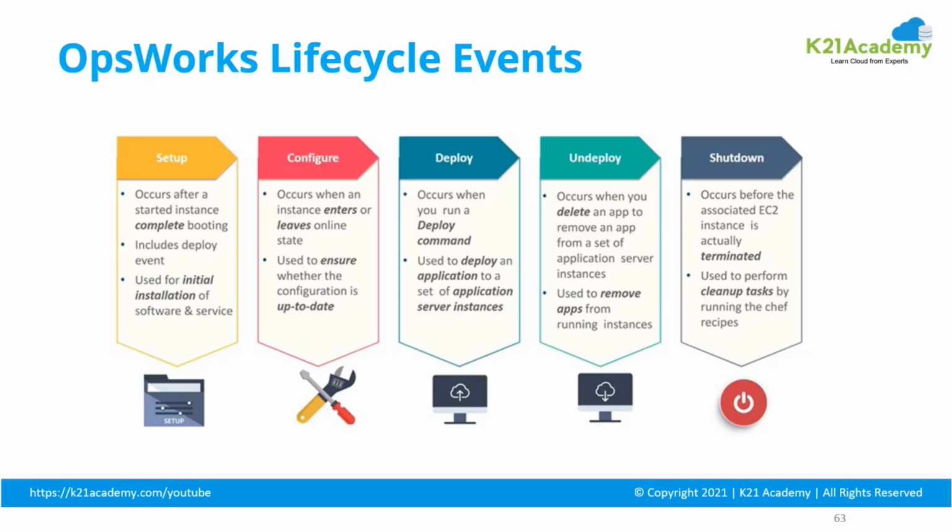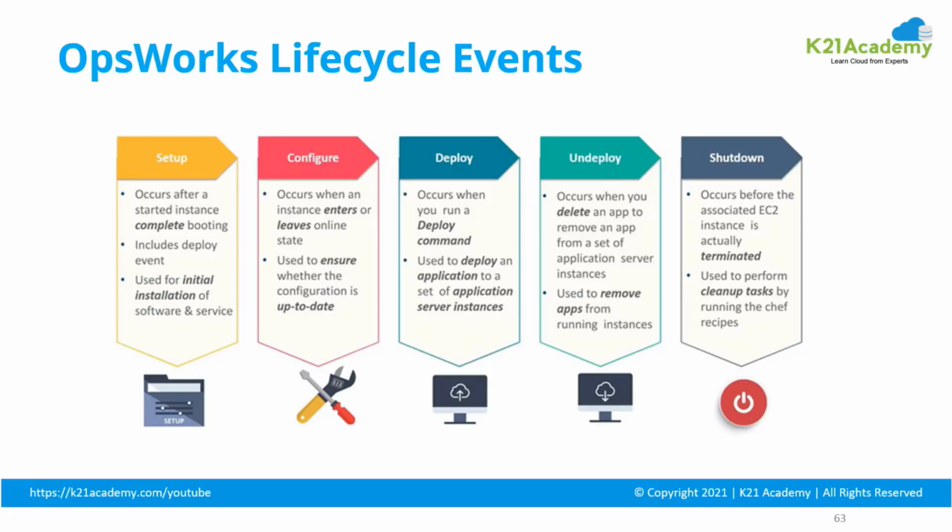Then comes the configuration. Once the server is boot up, and before it becomes available to the user, it comes into the online mode. So when online mode is entered, you can do the configuration. This is to ensure whether your configuration is up to date or not in this phase.